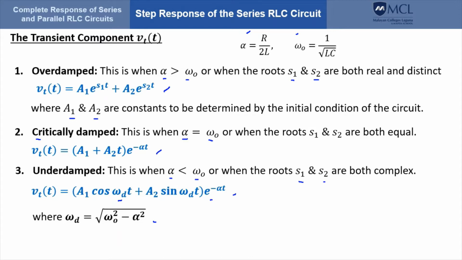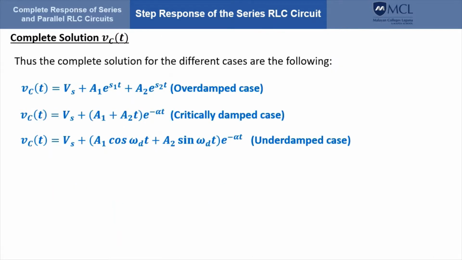Hence, the transient component will depend on the condition of the elements that comprise the series RLC. Now that we have the transient component, we can write the complete solution based on the case of the circuit.